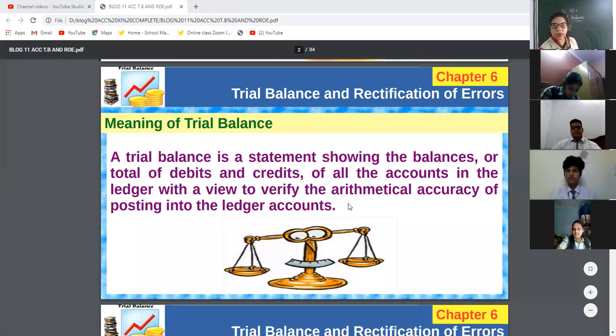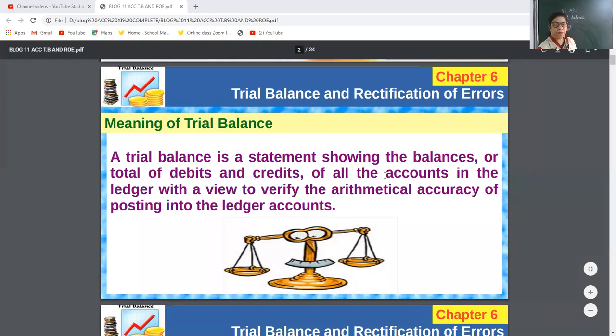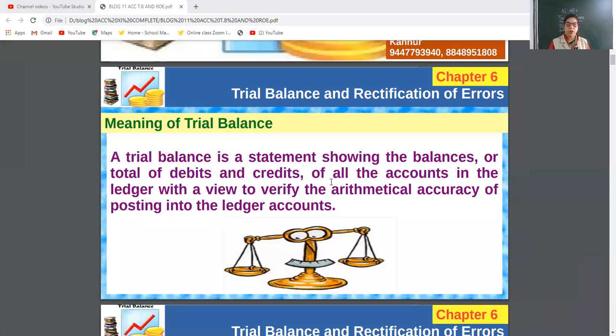Okay. Now see. Trial balance is a statement showing the balances or totals of debit and credits or both. Yesterday I told you there are 3 ways to prepare the trial balance.